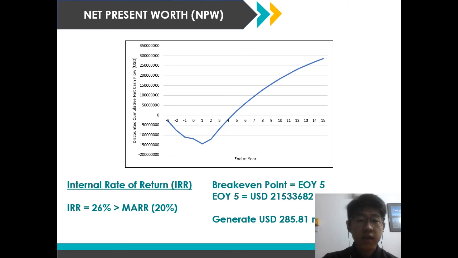So this gives us another graph which shows us a break-even point of EOY 5 with the value as such. And our internal rate of return is also calculated to be 26% using Excel, which is far greater than our MARR at only 20%. And thus, by the end of 15 years, we can generate US dollars of 285.81 million.